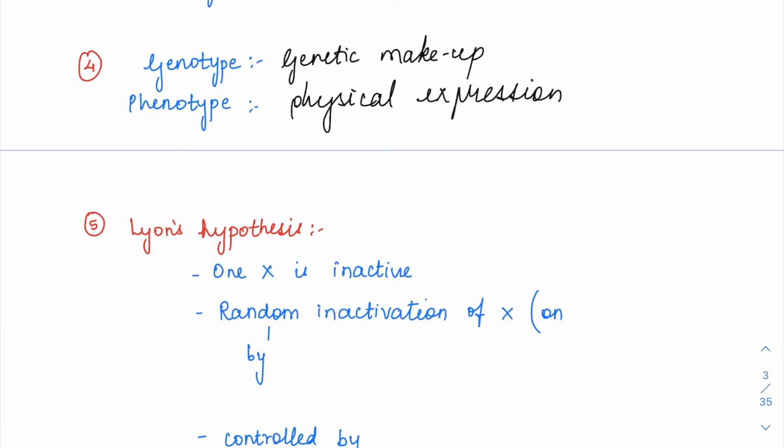For example, if you have Turner syndrome, what is the genotype of Turner syndrome? We all know it is 45XO. That is the genotype, and the phenotype of this 45XO will be the morphological features we see in Turners, like low hairline, webbing of the neck, and streak ovaries. All of these are the phenotype.